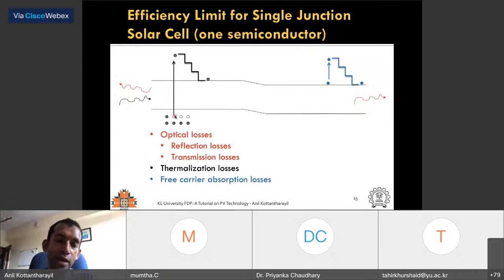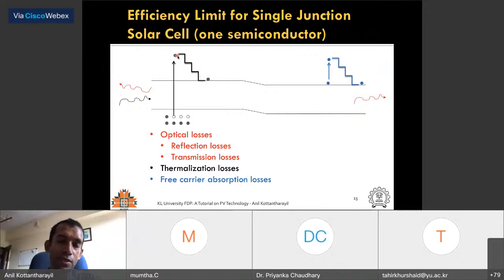So the photon has higher energy than the band gap of the semiconductor. As a consequence, an electron excited from the valence band to the conduction band would have 2 electron volts. So 1.1 here, and then 0.9 electron volts is excess.